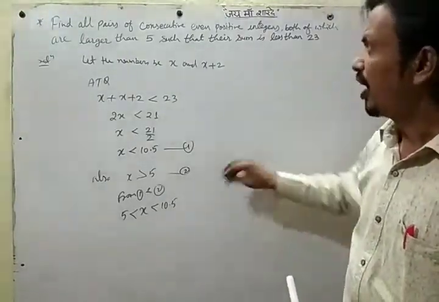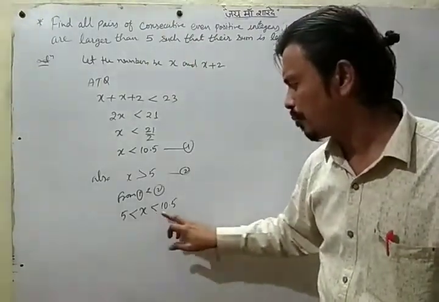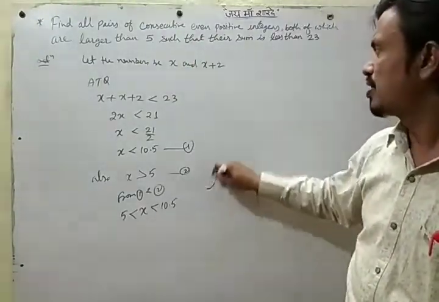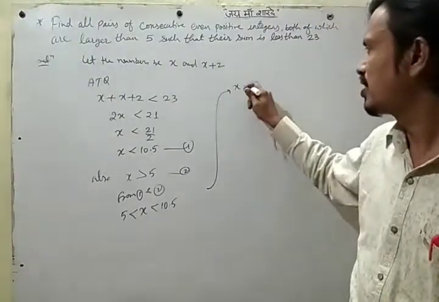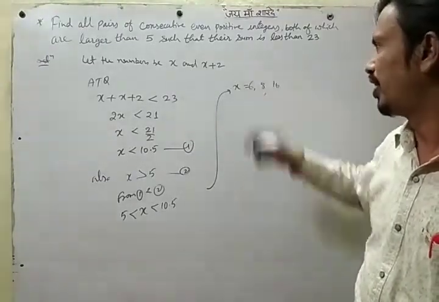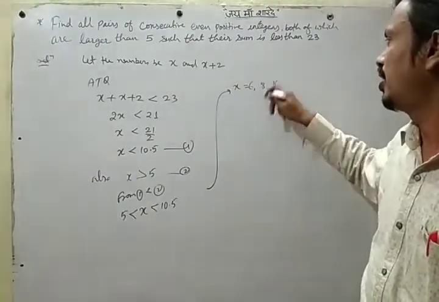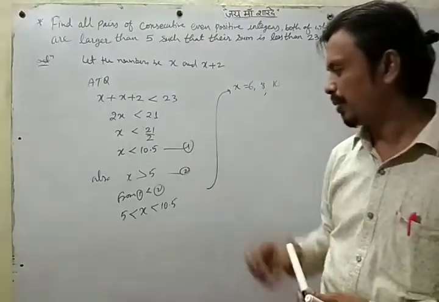Now x is an even number, so between this 5 and 10.5, what is the value of x? So x will be 6 or 8 or 10. So x can be 6, 8 and 10. Three values of x are possible.